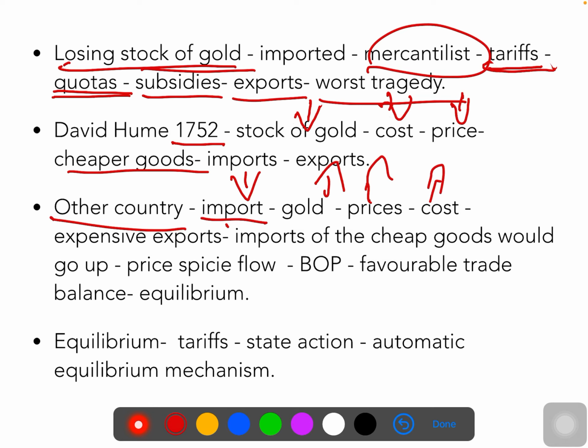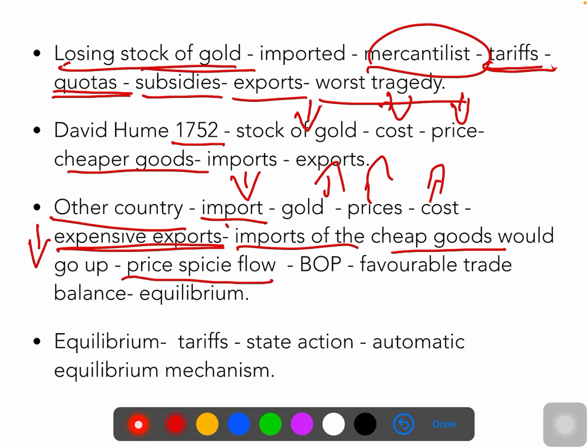So expensive exports will be there. The expensive exports are going to decrease, fall, and the imports of the first country will become very much cheaper. It will go up. The result of this is price-specie flow.